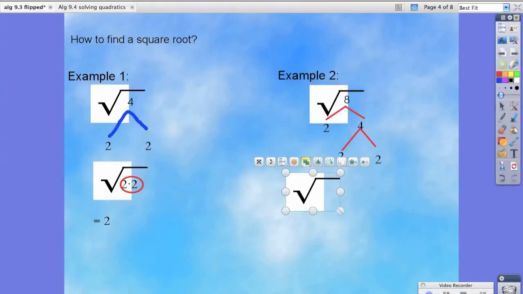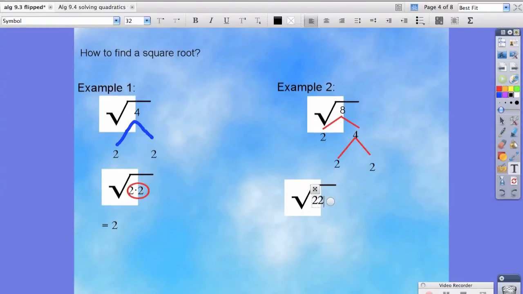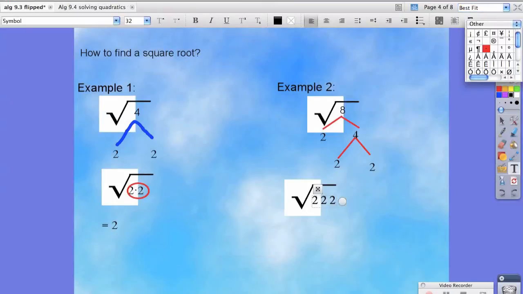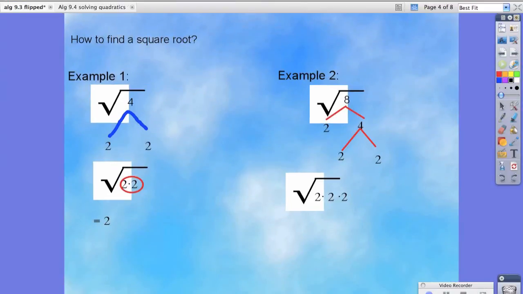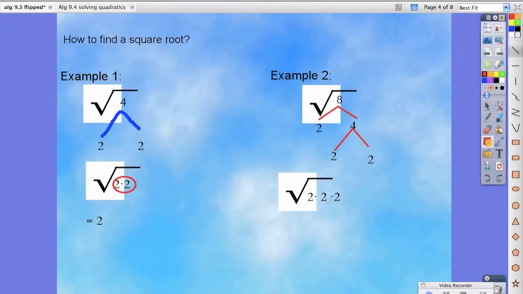And now, once we're done simplifying it, we have 2 times 2 times 2. Now, we're going to circle our pair of items. So in here again we have a pair of 2's.